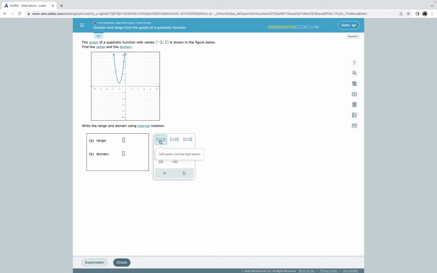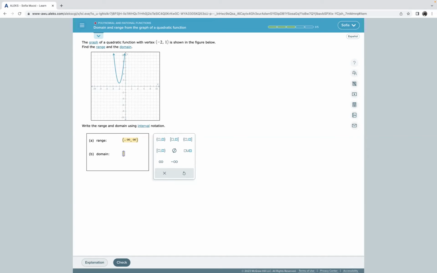The range, yeah, this one. And then the y here is 1. That's right. So that's the smallest y value, which is -1 to infinity. No, hang on. You've got them flipped. So the number gets the bracket, and infinity gets the parenthesis.